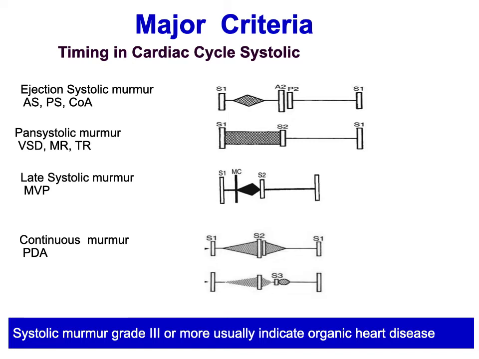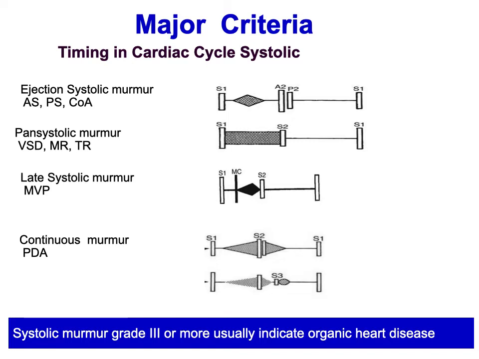The left ventricle and right ventricle both are trying to eject blood forwards, and there is a backward leak either at the ventricular septum level, or at the tricuspid valve or mitral valve level. A late systolic murmur is sometimes found in mitral valve prolapse, where the mitral valve is slightly elongated and defective in functioning, which leads to a late systolic murmur.